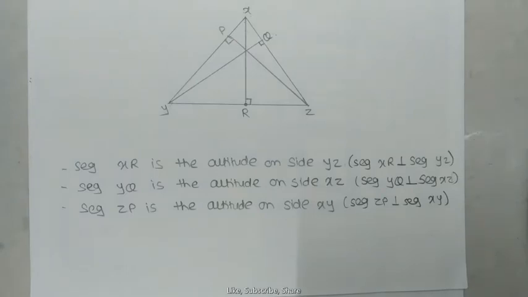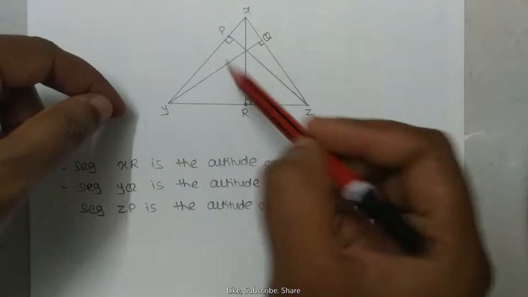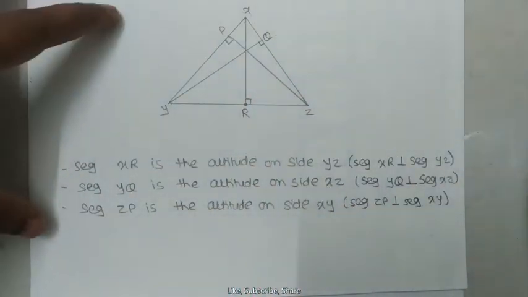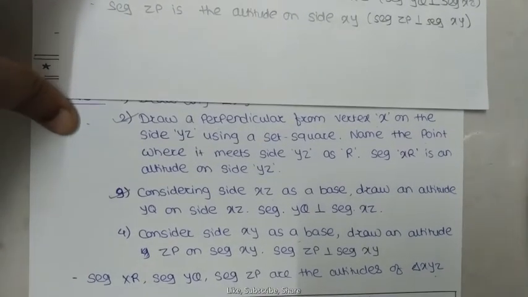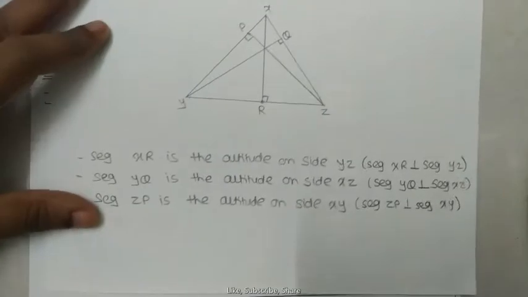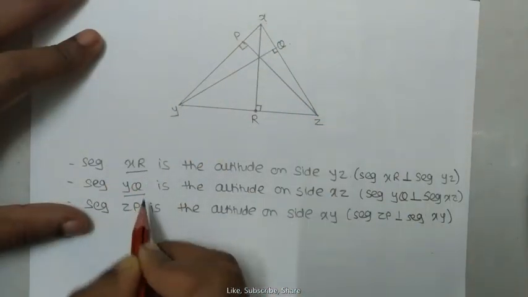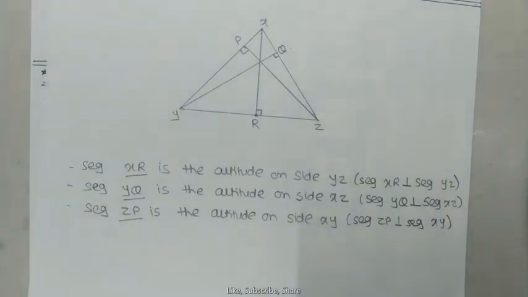So in this way, for each vertex we have to draw a perpendicular line to the opposite side of it. Now next: segment XR, segment YQ and segment ZP are the altitudes of your given triangle.